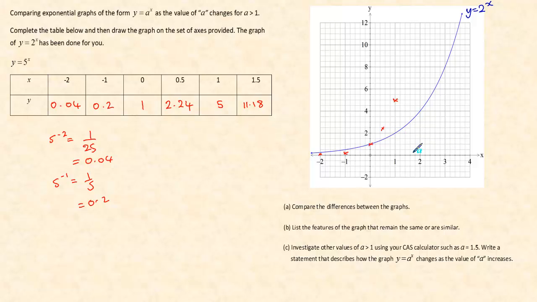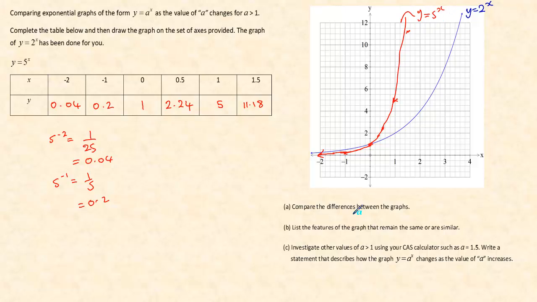And at 1.5 it was 11.18, so that's going to be, say, here. So it's going to be the same shape of graph as the 2 to the x, but clearly it's going to go up here much more steeply, like so. It doesn't really matter that I've missed that point. You get the idea.